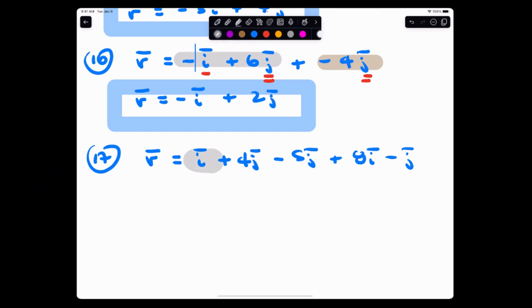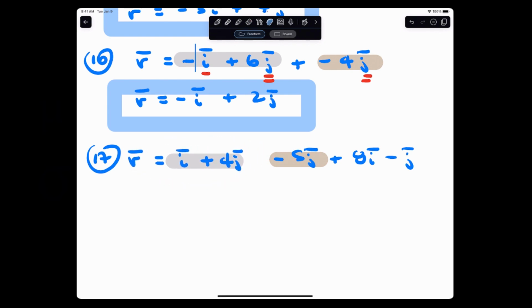Here's my first vector plus my second vector. And you might say, I don't see a plus. Okay, I will put 1 for you. What's that third vector? Combine like terms. 1i plus 8i. What does that give you? 9i.